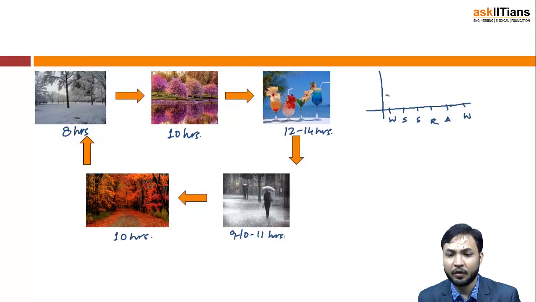Let's say I start from here, so it increases, then again it increases over here, it decreases to a certain degree over here, then again it decreases over here, and then again it comes back to this level. Now what is important is that during the spring at this part and during the autumn at this part, this level is roughly the same.